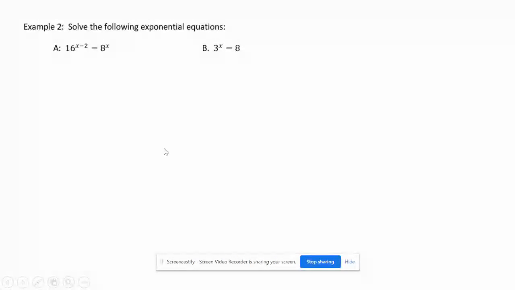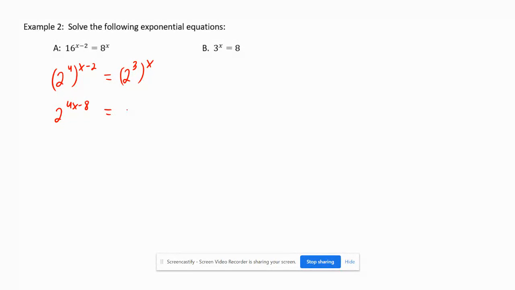Okay, so example 2a is a question that was covered in chapter 7. 16 and 8 are both base 2. 16 is equal to 2 to the 4th. 8 equals 2 cubed.